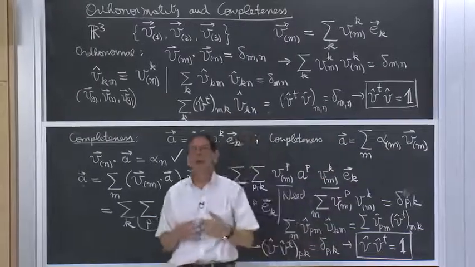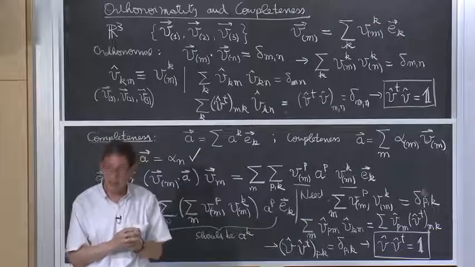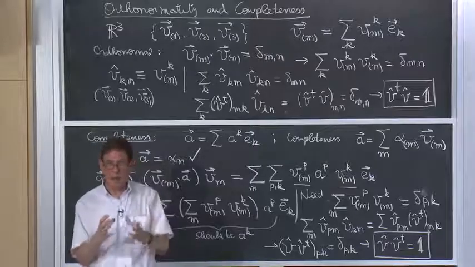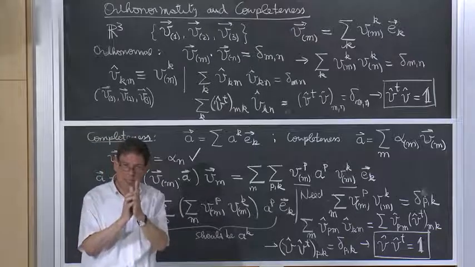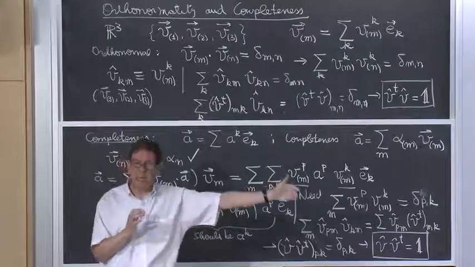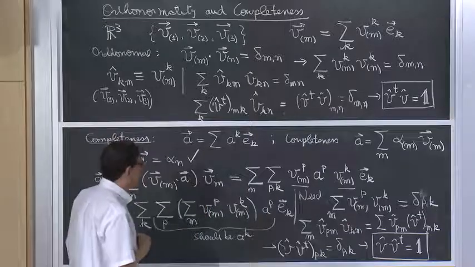This is something we will emphasize when we study more deeply linear algebra. And you will see that in finite dimensional spaces, if you have an orthonormal set of vectors that is equal to the dimensionality of the space, they happen to be a complete set of vectors.